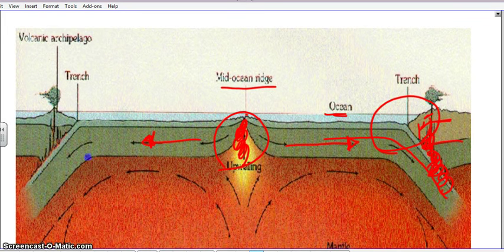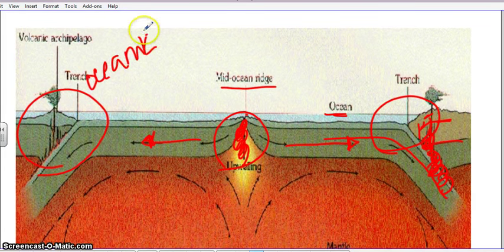Now, this particular one over here is an oceanic subduction zone convergent boundary. You have this plate coming from this direction, and they are both coming together. They're colliding, compression, and the more dense one subducts underneath the other one.